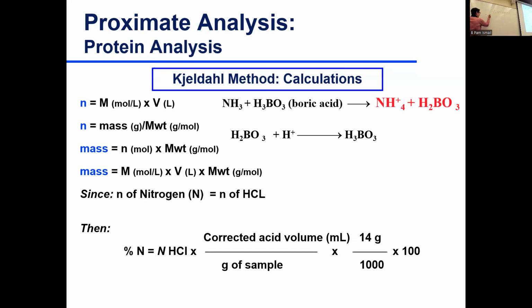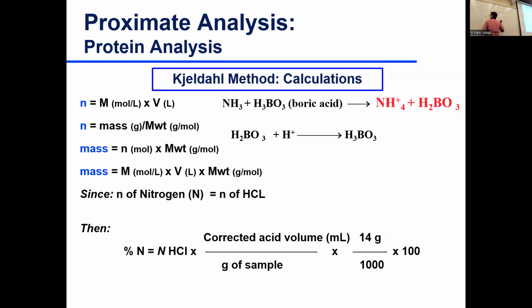Number of moles of this equal number of moles of HCl. Okay, so that's equilibrium. Number of moles of nitrogen, just to be clear. So that's it. At equilibrium, number of moles of nitrogen equal number of moles of HCl.